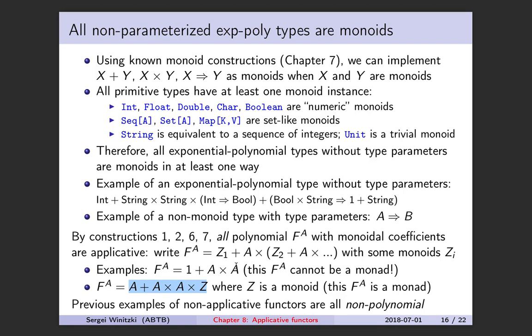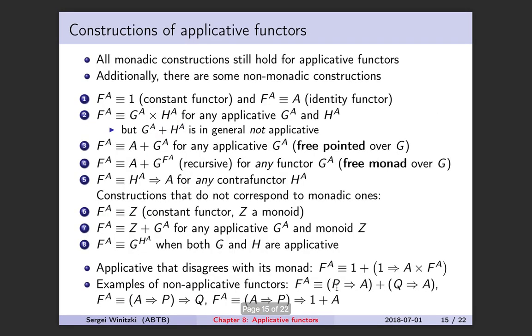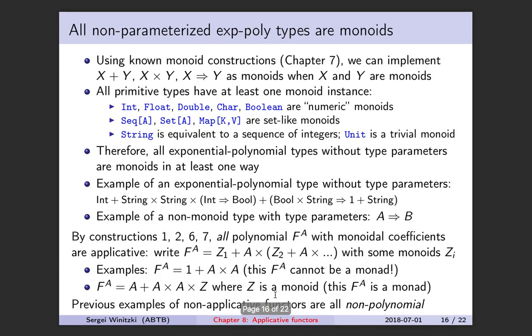And notice that our examples of non-applicative functors were all non-polynomial, so they all had function in them. So they're not polynomial functors. Indeed, there aren't any examples of polynomial but not applicative functors that have no type parameters and only monoidal coefficients.